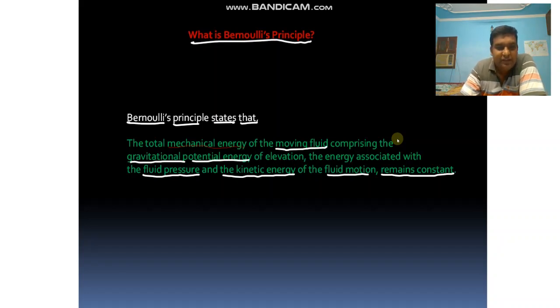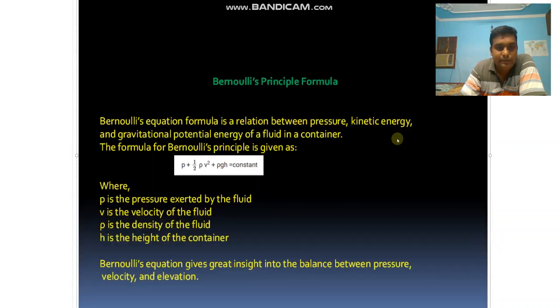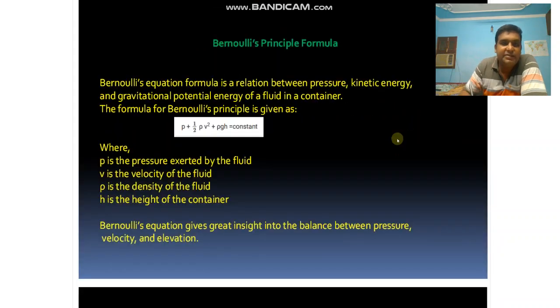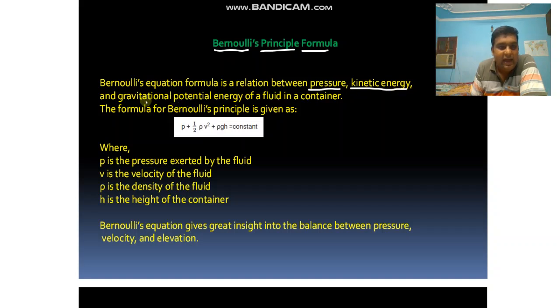Let's move on to the next topic, that is Bernoulli's principle formula. So the Bernoulli's equation formula is a relation between pressure, kinetic energy, and the gravitational potential energy of a fluid in a container.